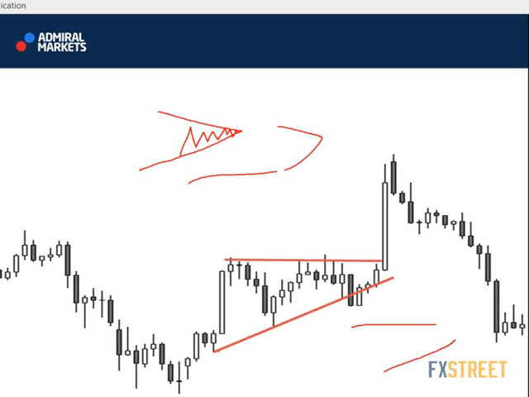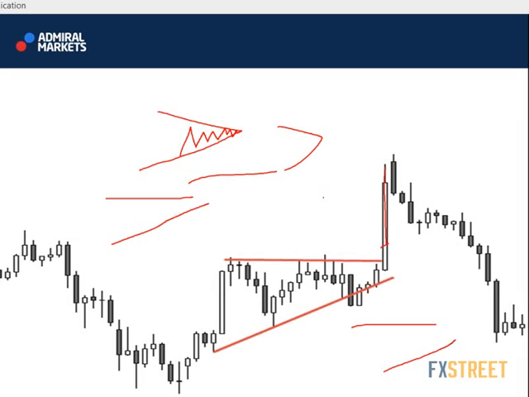I already told you that an ascending triangle is bullish in nature. If you see a running triangle which has an ascending trend line, then definitely you can go with a breakout, pullback, continuation to the upside. Breakout, pullback, continuation. This is huge momentum to the upside.